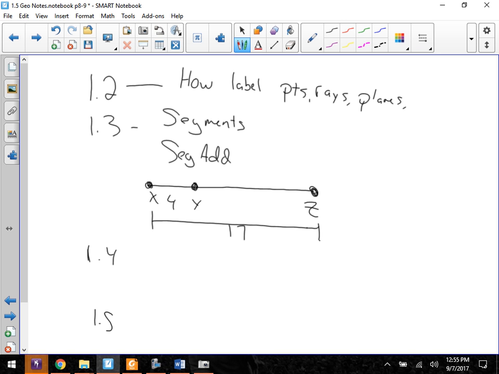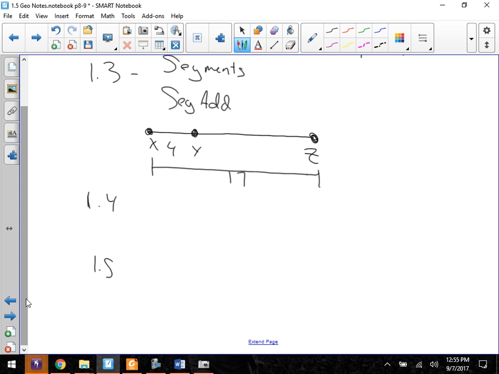Okay. Also in here we talked about, let's bring this back, a midpoint, or sometimes called a segment bisector. What's a midpoint of a segment? The middle point, hence the word midpoint. Exactly.